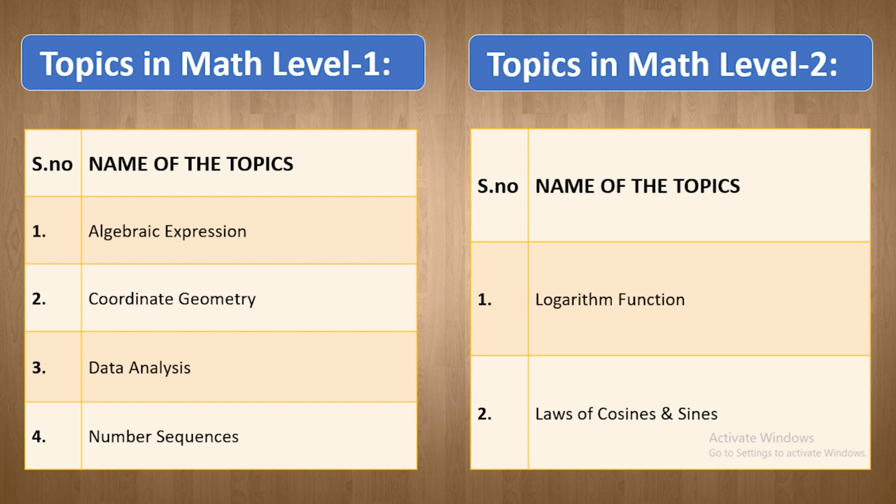However, Level 2 math includes all these topics along with logarithmic functions and law of cosines and sines. Both exams have 50 questions that need to be finished in 60 minutes.